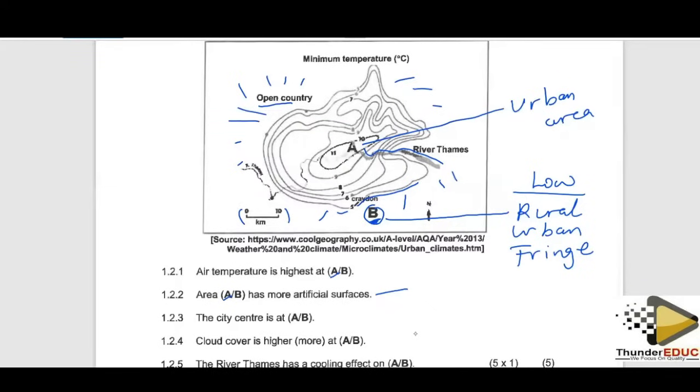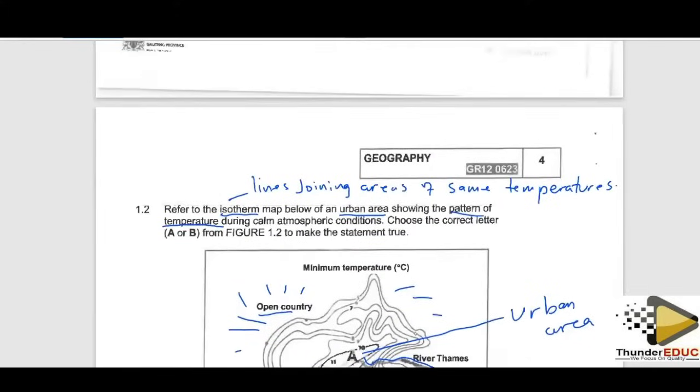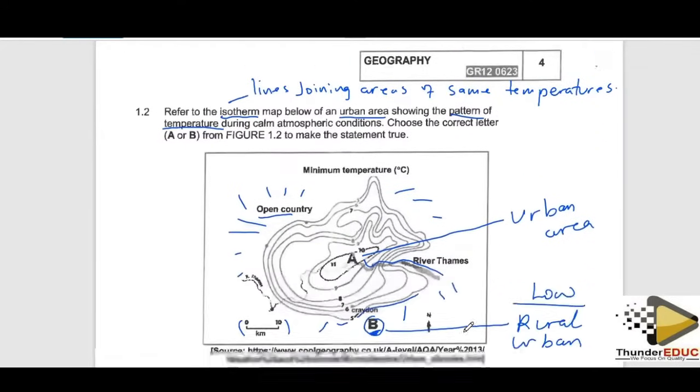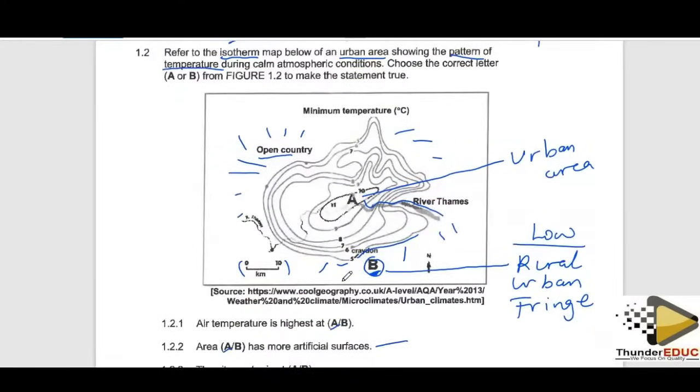All right, 1.2.3. The city center is at A or B. How do we tell? Now, we go back to our instruction here where they say, refer to the isotherm map below of an urban area showing the pattern of temperature. Right. Now, this is an urban area.